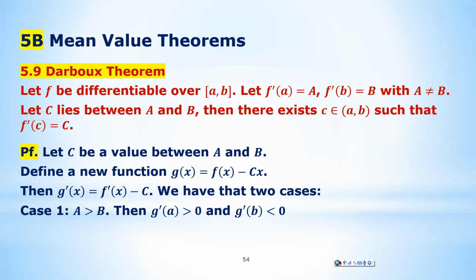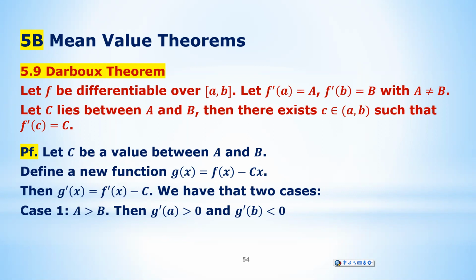So think about g prime a at the left point. g prime a will become f prime a minus C. Now you can see that C is between them, so what does it mean? g prime a should be greater than 0, because C is between f prime b and f prime a, and f prime a is greater than f prime b, so C must be less than f prime a.